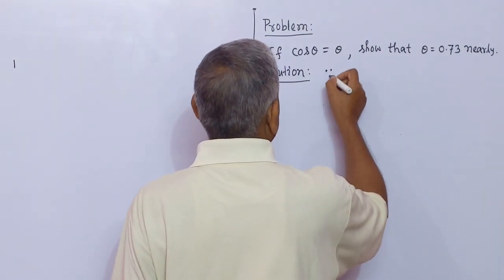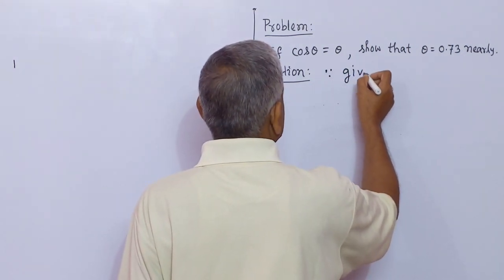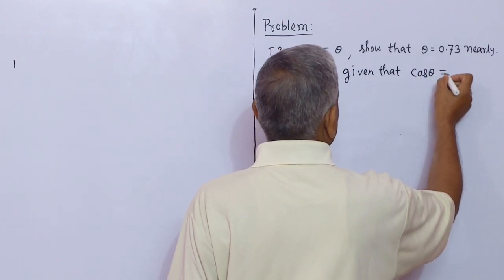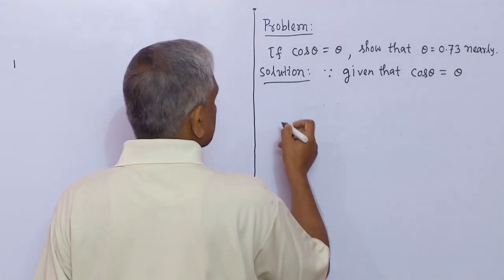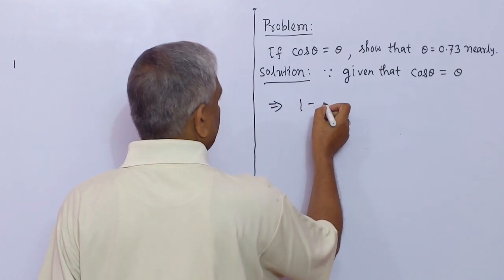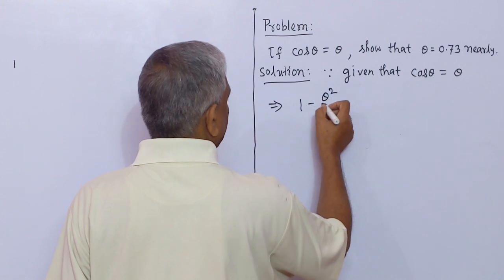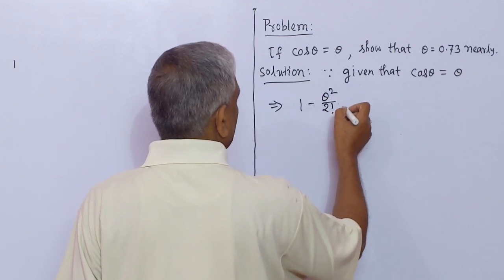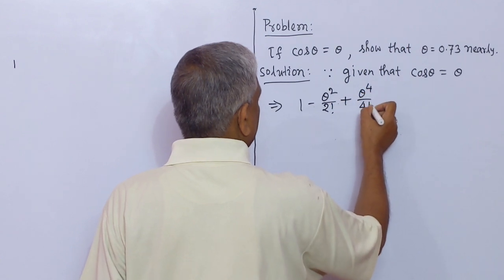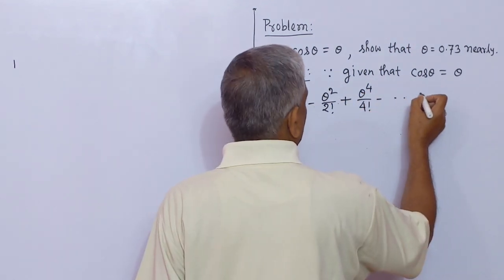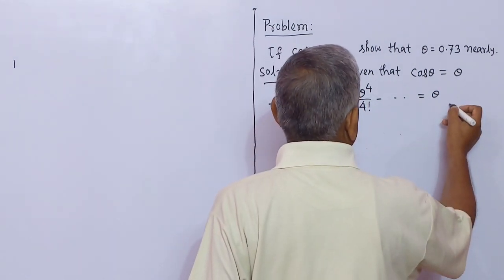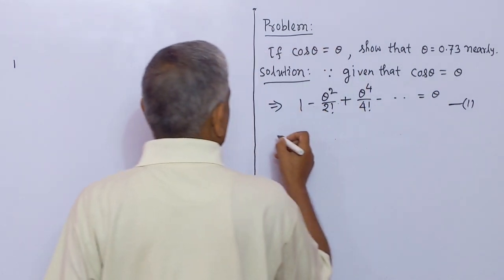Since it is given that cos theta equals theta, it implies that cos theta, which means 1 minus theta square by factorial 2 plus theta to the power 4 by factorial 4 minus dot dot dot, equals theta. Let this be number 1.